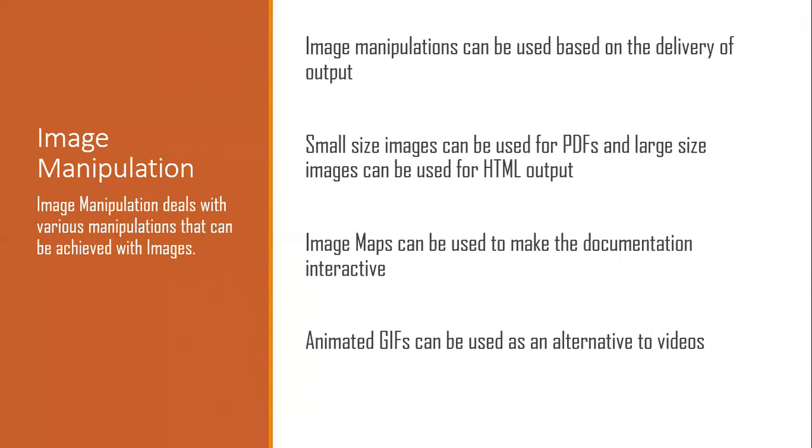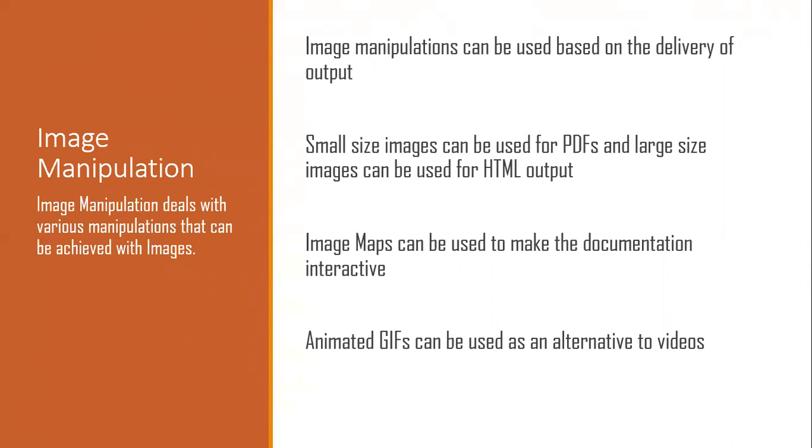Okay, image manipulation. Image manipulation deals with various manipulations that can be achieved with images. You can manipulate images based on the delivery of the output. This condition is basically specific to what kind of output you're delivering. There are certain kinds of image manipulations that can work on PDF, and there are certain kinds that do not work on PDFs.